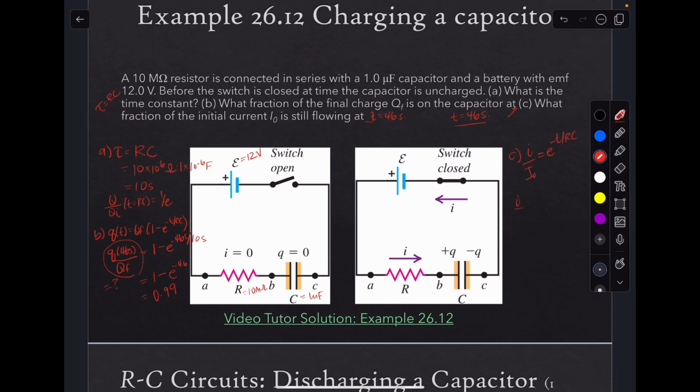Well, I over I naught is e to the minus 4.6, and that gives us 0.01. So about 1% of the current is flowing at t equals 46 seconds.